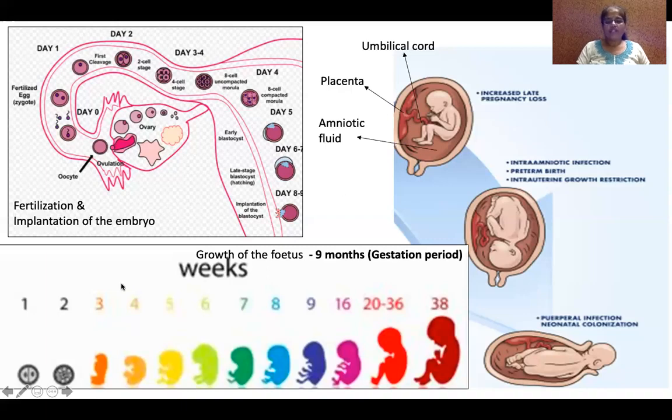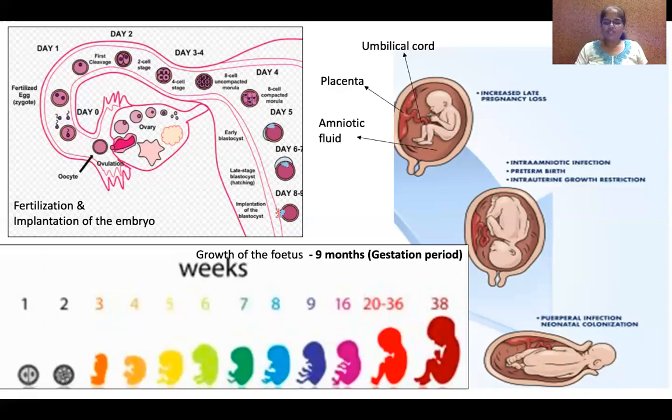Okay. This is the picture showing development of the fetus in the uterus. We'll see how it is inside the uterus. This is the uterus, and the uterus becomes thick walled. This thickness will be more because it should protect the baby, right? And it should carry that weight.